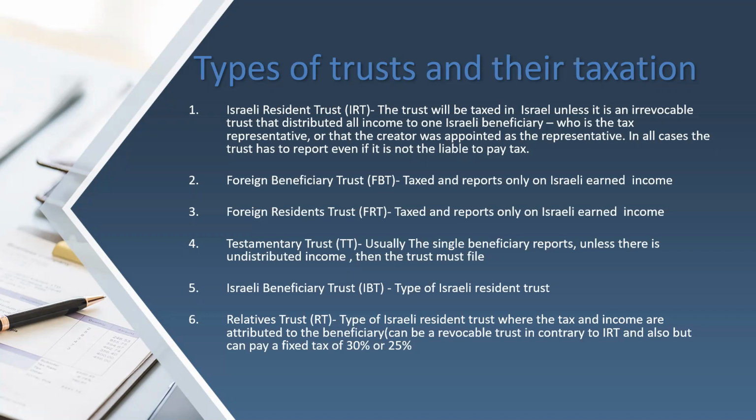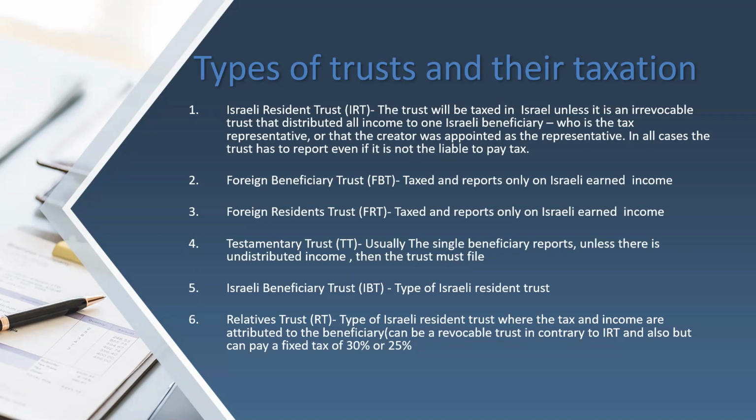The next one is a foreign beneficiary trust, FBT. It's taxed and reports only on the Israeli earned income. The foreign resident trust is taxed and reports only on income that was earned in Israel. Testamentary trust: usually the single beneficiary reports unless there is undistributed income, then the trust must file.